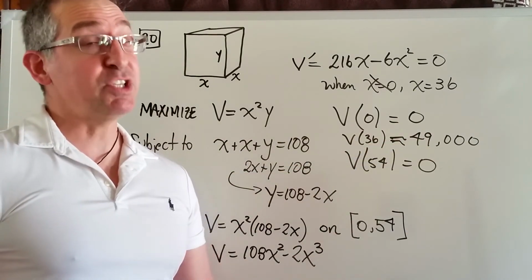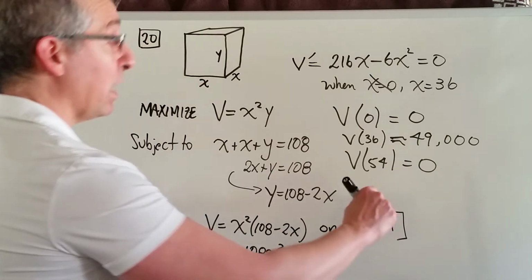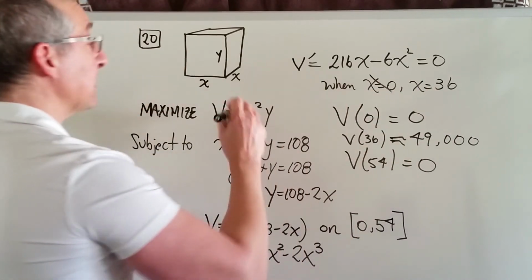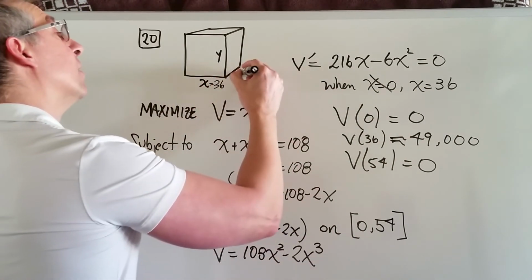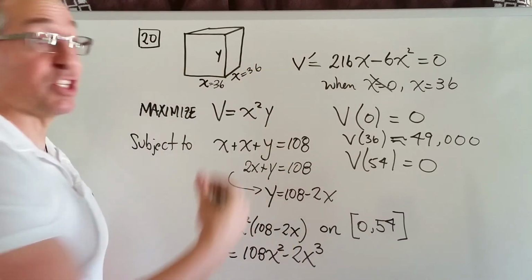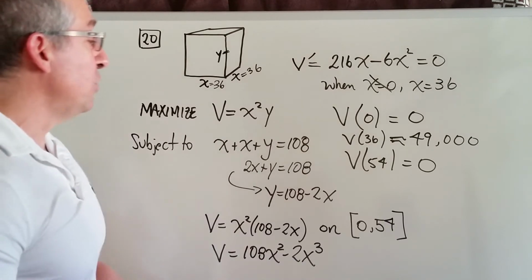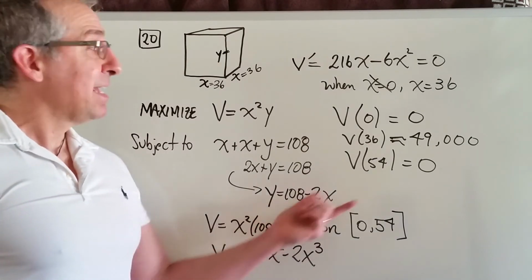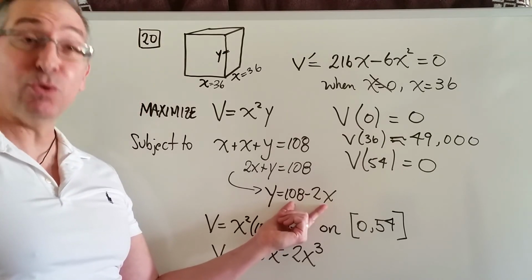But according to the directions in the book now, it says, what are the dimensions that are going to make this happen? Okay, well, we've got x is equal to 36. So you got a square-based box like they told us to. What's the y dimension? Well, gang, look, you can get the y dimension right from here. Take your 36, force it into the equation right here, 108 minus 2 times 36.